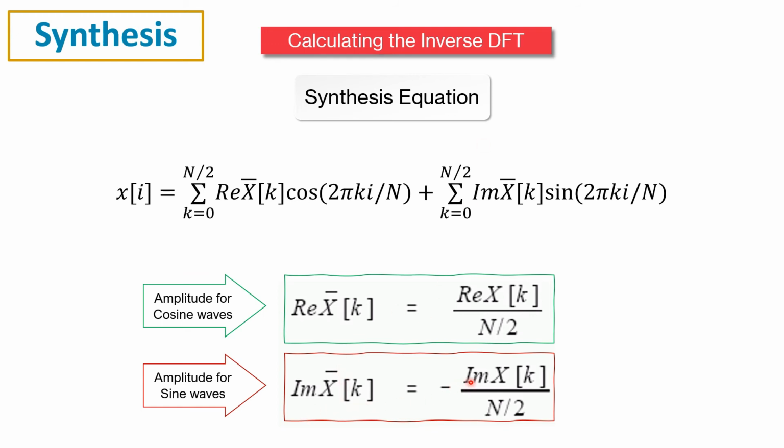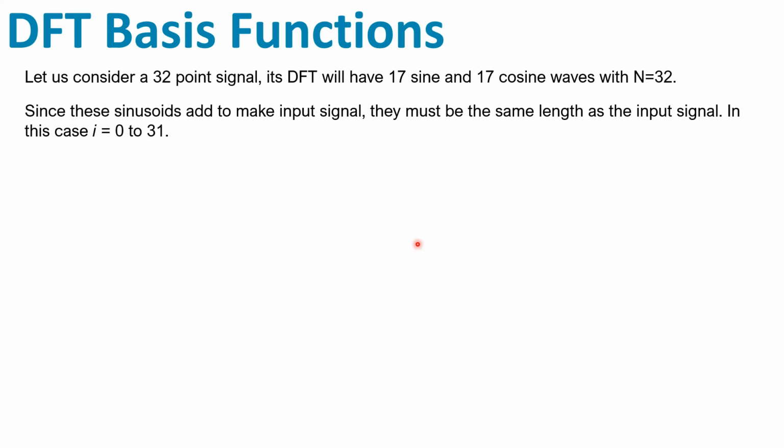For the imaginary part, we divide the imaginary part by n over 2. But this is true for all the points other than the first and the last point, because it runs from 0 to n over 2. It is applicable only for the points between 0 and n over 2. So what about the 0 and n over 2 points? We'll see in the next part.